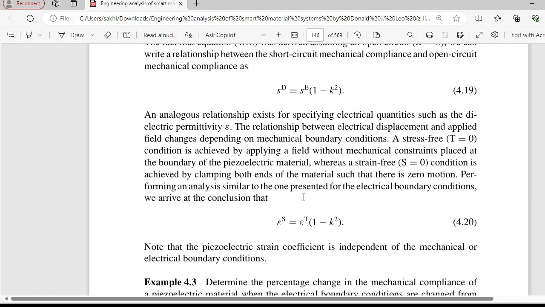The notations we use in piezoelectric materials are completely reversed. Like here, superscript E means electric field is zero, and superscript D means electric displacement is zero. So we will see how we can prove this relationship.